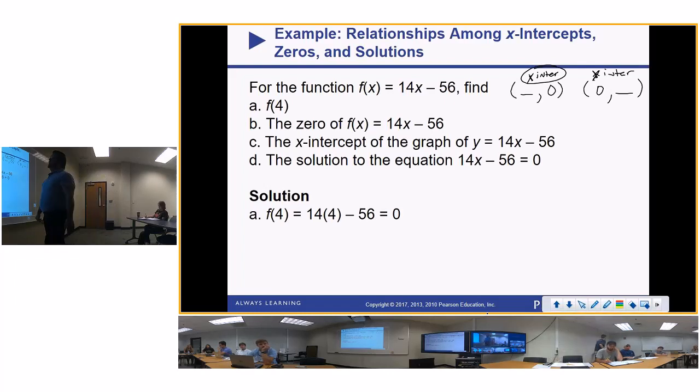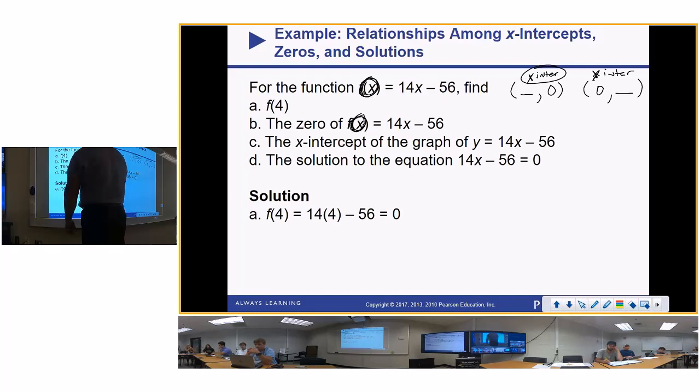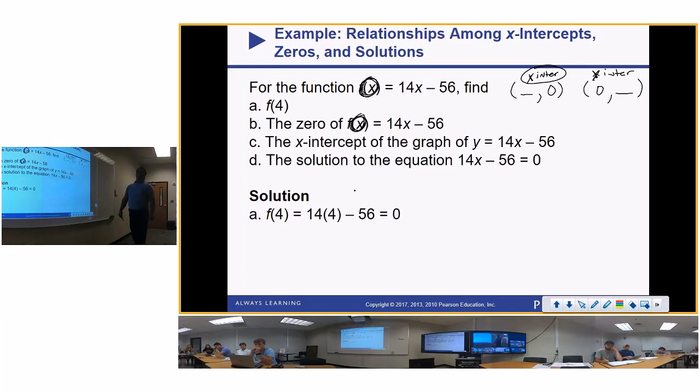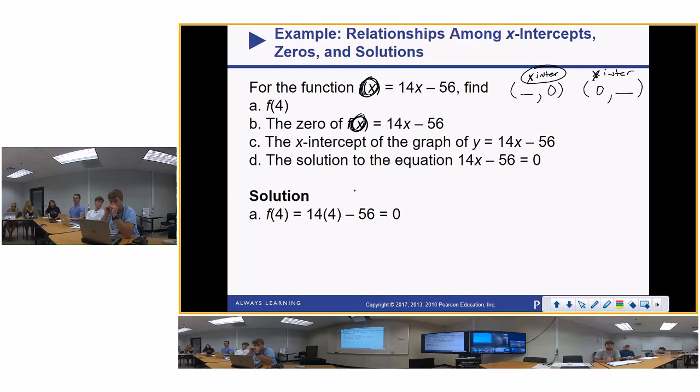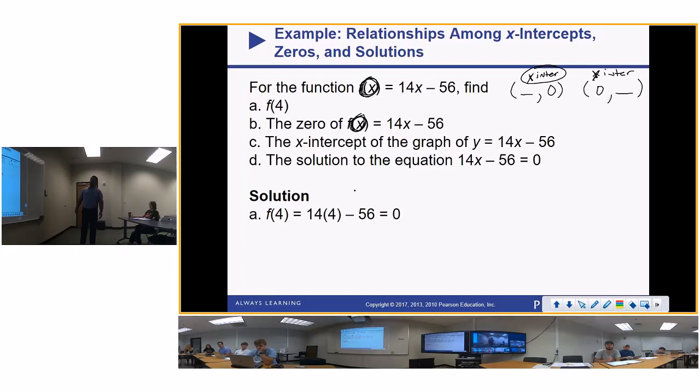So plug in 0 for what? For y. Plug in 0 for y. Okay? So do that. Plug in 0 for y and solve. And that's your x-intercept. Find your y-intercept, plug in 0 for x.